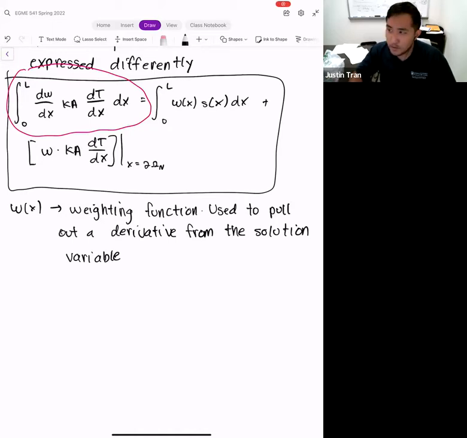So this is a big bonus for us, because now if we plug in a linear function for both w and t, it's not just going to go away. We still have something that we can work with, right?